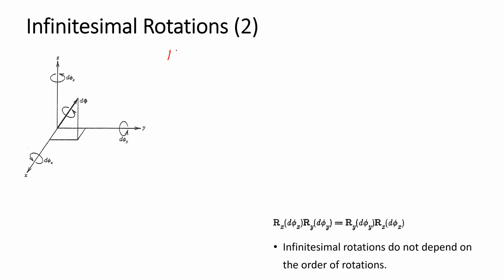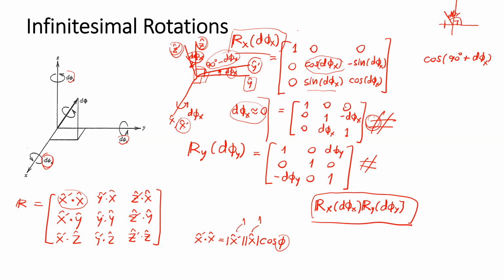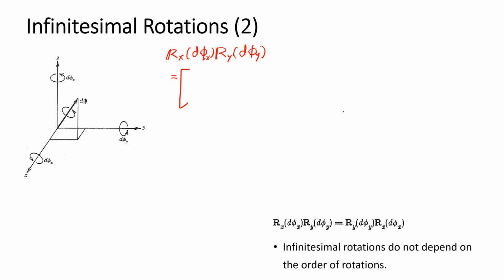The rotation matrix about x with the small angle: we have 1, 0, 0, 0, 1, minus d phi x, 0, d phi x, and 1.